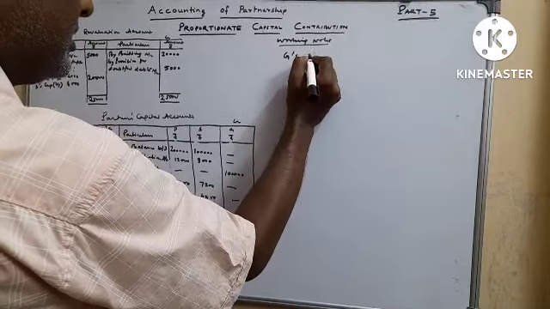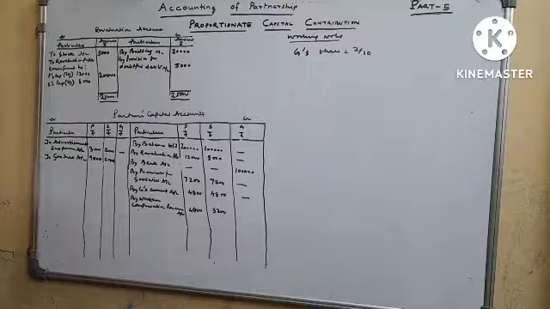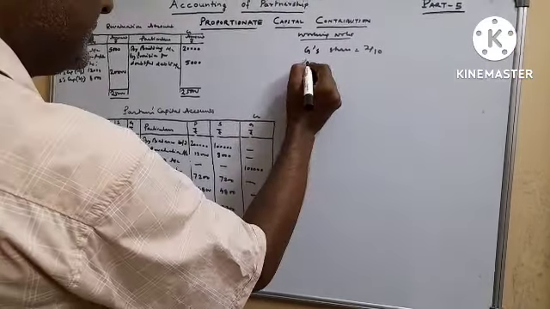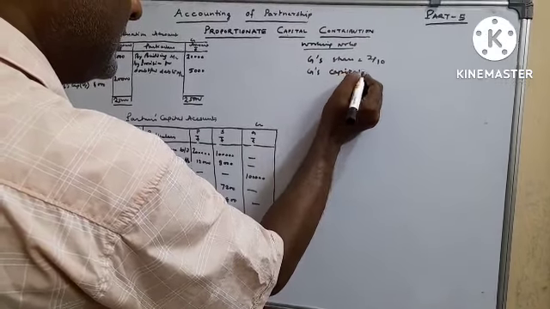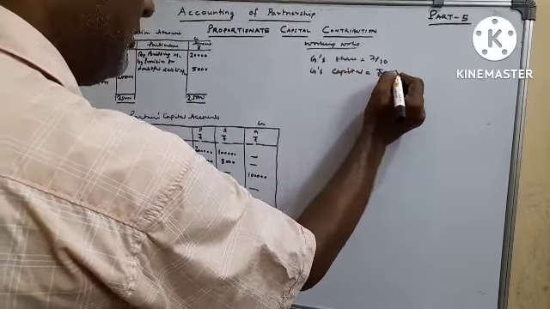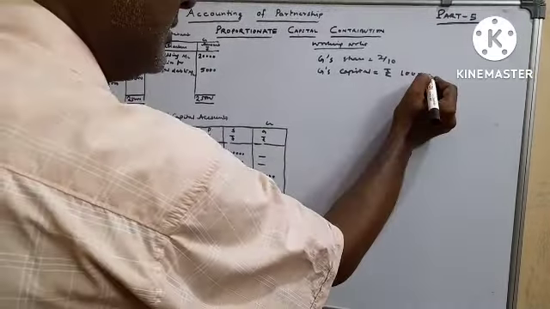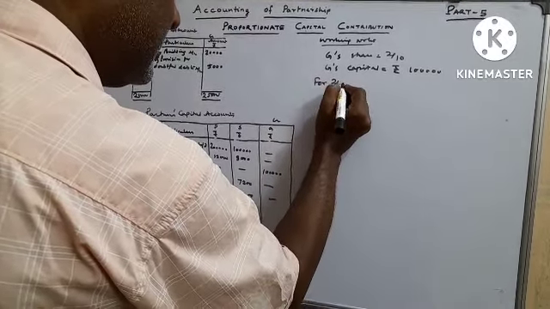G share equals to how much? 2/10. G share 2/10. G's capital equals to rupees 1 lakh. For 2 by 10 share, capital rupees 1 lakh.